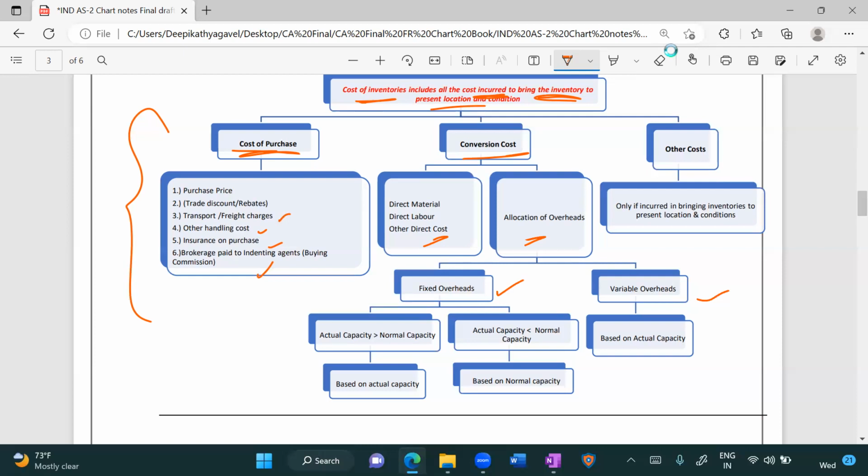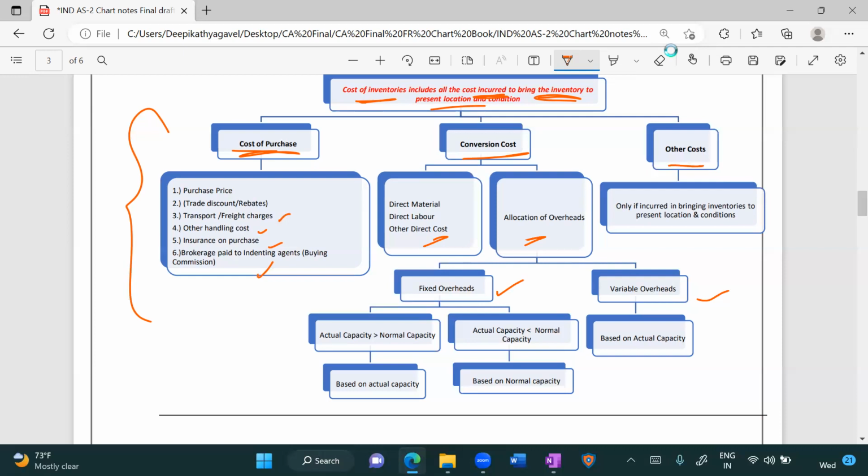So in case it's a fixed overhead, you will see which is greater, actual or normal capacity. If actual capacity is greater, then based on actual capacity you will allocate your fixed overhead. In case normal capacity is greater, then based on normal capacity you will allocate your fixed overheads. But variable overheads will be allocated only based on actual capacity.